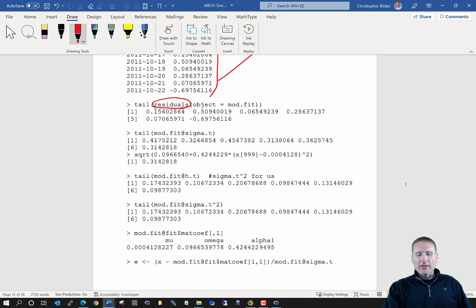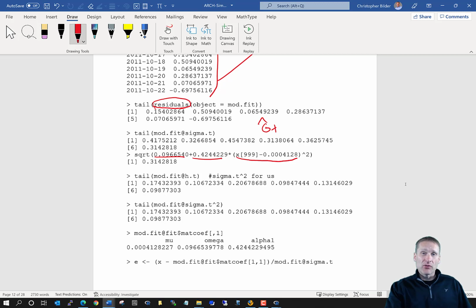Also, some other things that we could get as well. Here is sigma hat t as estimated from the corresponding model. Just to show you how this is calculated, excuse me, remember our model structure. Sigma hat t squared would be equal to alpha hat 0 plus alpha hat 1 times y sub t minus 1 squared.